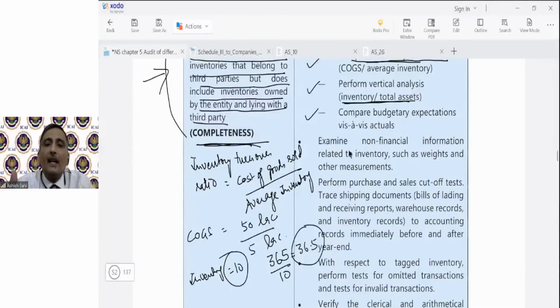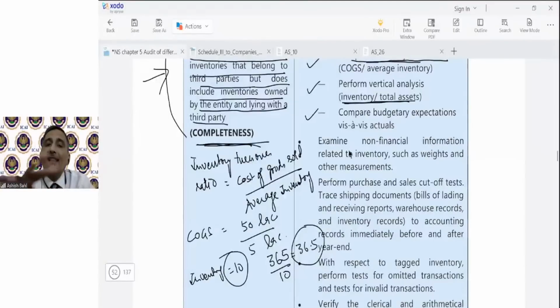So it shows that the company's goods are quite fast moving, that sales are happening at a quick pace. That's a good thing. Conversely, if the inventory turnover ratio is low, it may denote that the company is having some problems on the sales front, or there are some obsolete stocks lying with the company.